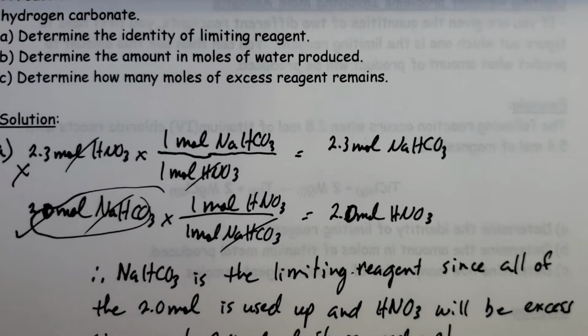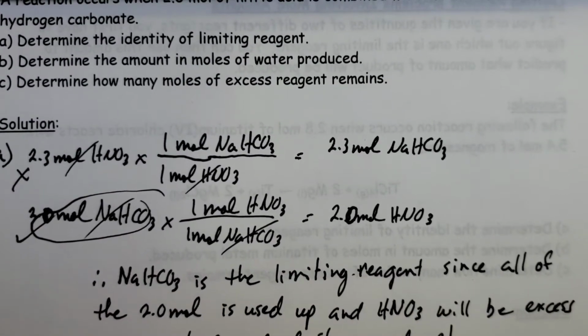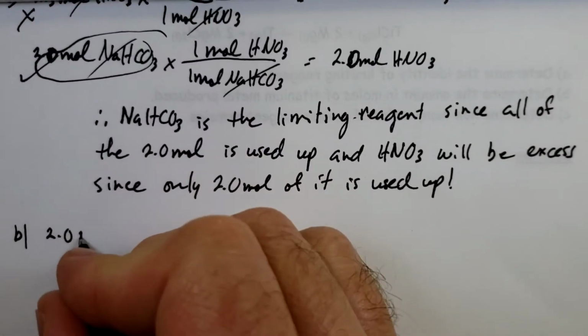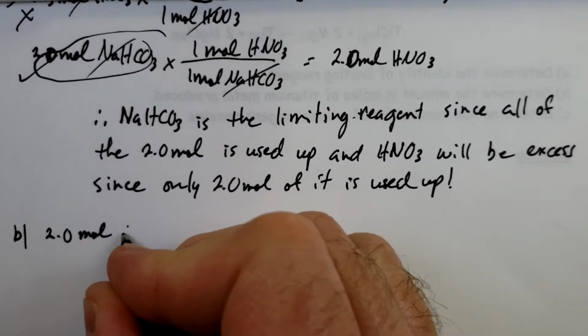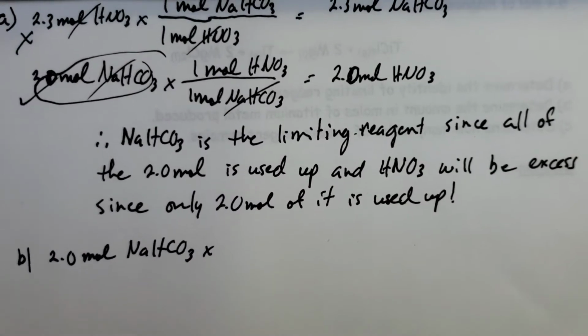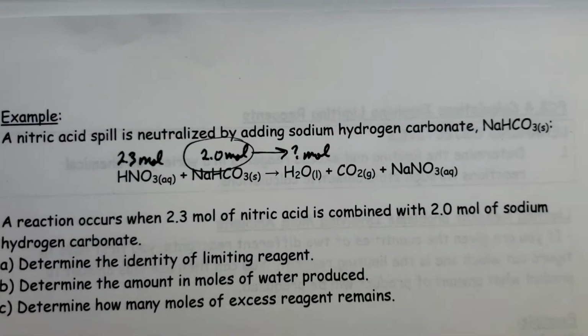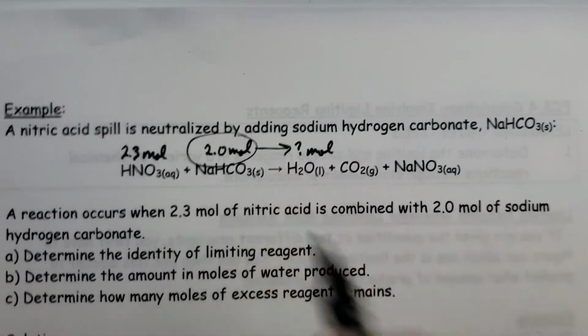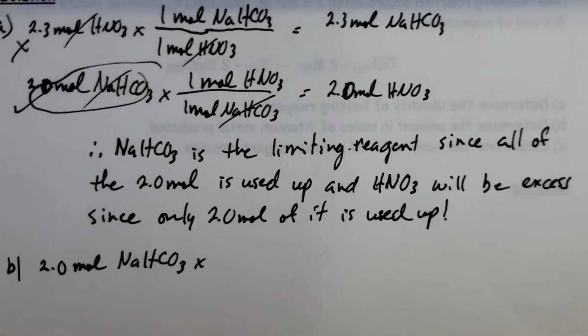So we have 2.0 moles of sodium bicarbonate. And according to this, again, look at that. It's a 1 mole to 1 mole. So we know what's going to happen there.